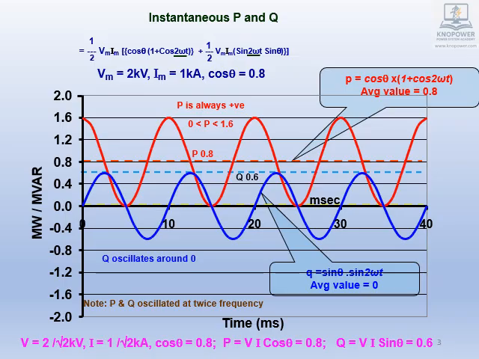Sin theta equals 0.6. Real power P equals VI cos theta, where V and I are RMS values. P equals 0.8 megawatt. Reactive power Q equals VI sin theta, where again V and I are RMS values. Q equals 0.6 MVAR.